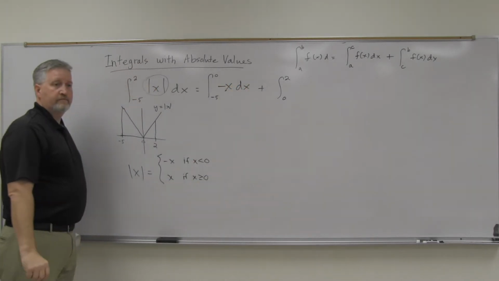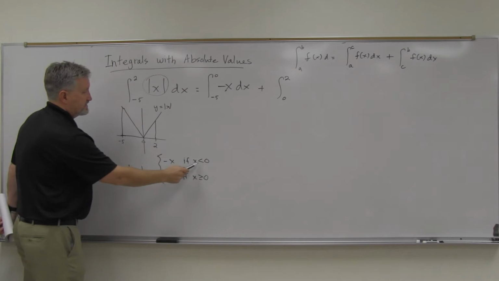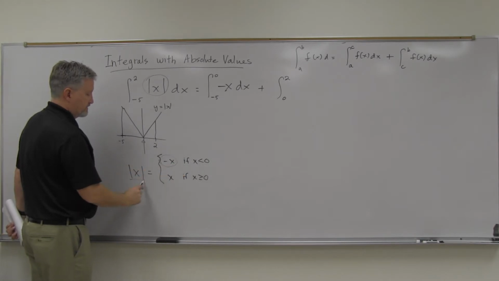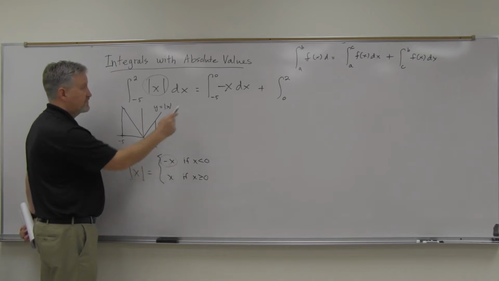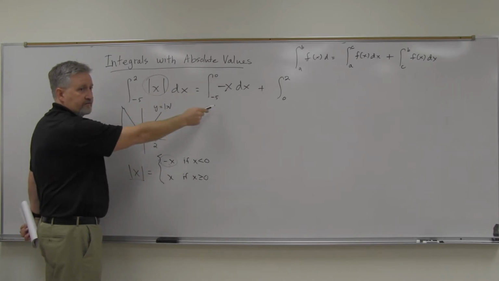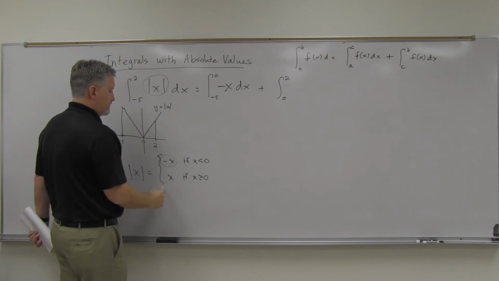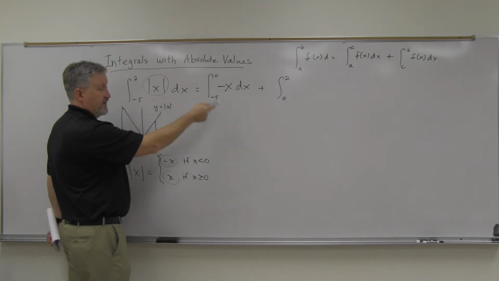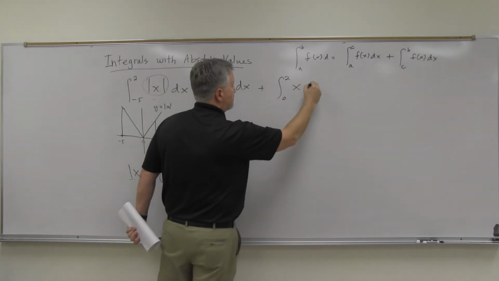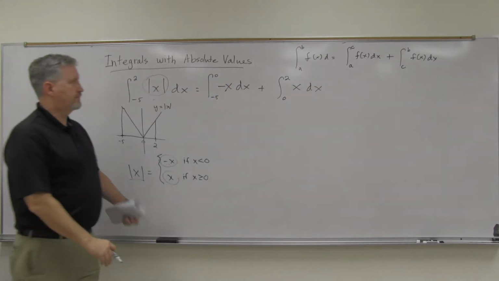You see that? If x is less than 0, I can replace the absolute value of x by minus x. On the other part, 0 to 2, I'm just replacing the absolute value of x by x. So let's go ahead and do that.